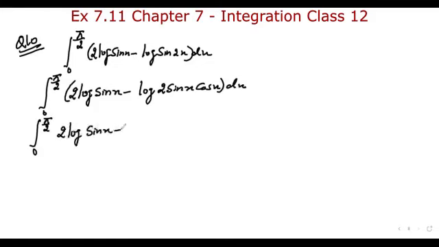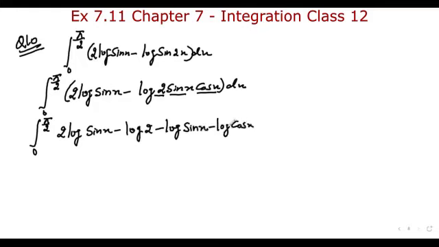We have studied the property log a into b into c is log a plus log b plus log c. So these three terms I have in product, I can write them as log 2 plus log sin x plus log cos x. Outside there is a minus, so all terms will become minus: minus log 2 minus log sin x minus log cos x.